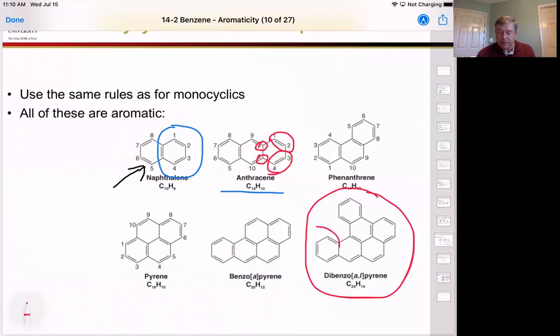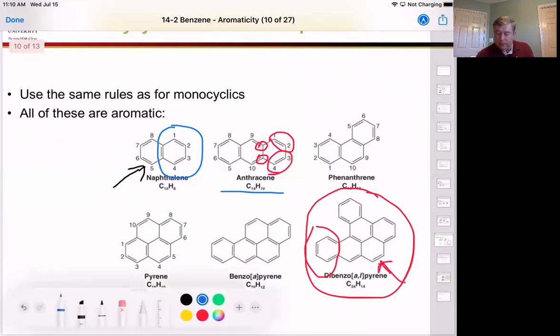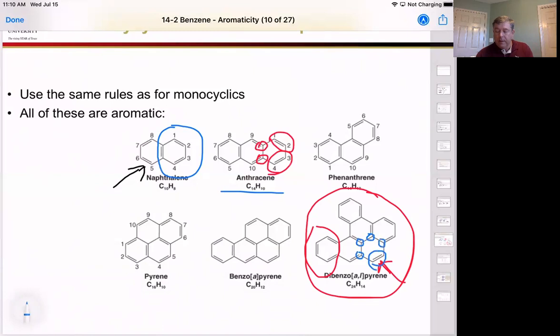So this end right here, everybody's like, oh, that looks like benzene, that's obviously aromatic. Let's look at this particular ring right here. Let's try to find all those electrons. So we have 2 electrons here, but then we have 1 here, 1 here, 1 here, and 1 here, for a total of 6 electrons in those p orbitals. Therefore, it satisfies the rule.